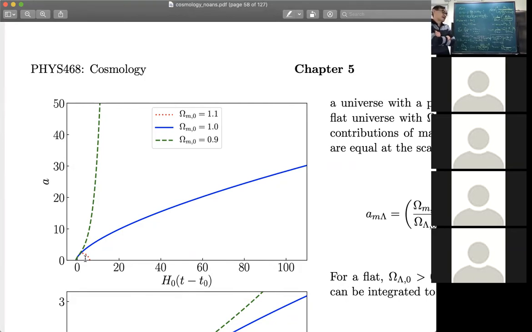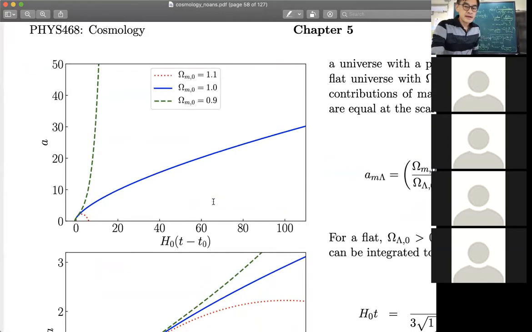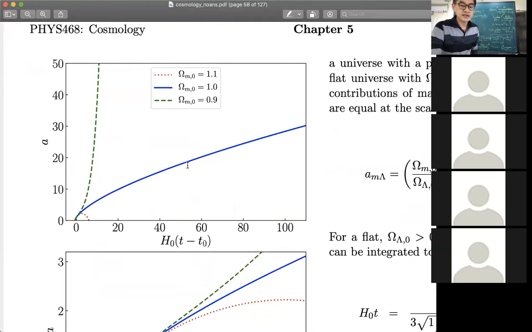Why? Well, obviously because of the dark energy term. And I also plot here when omega m0 is 1.1, and this blue solid curve is when omega m0 is exactly 1.